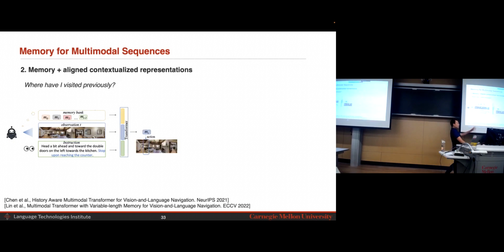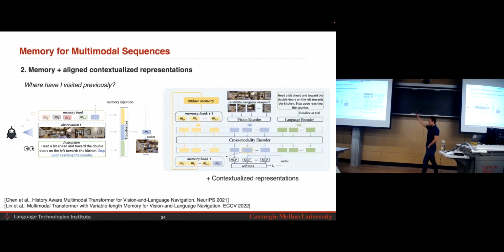If you have a memory bank, you can then apply a transformer or any contextualized representation that takes into account the current state that you're seeing, all the states you visited previously, and the instruction that you want to accomplish through these states. That's where the contextual representation comes in, and you use that to predict your next representation or your next action. And once you've done that, you can store the new representation back into memory and recurse.